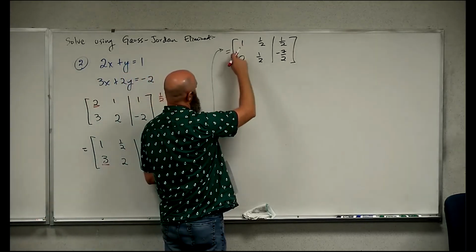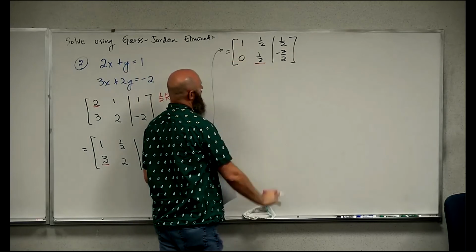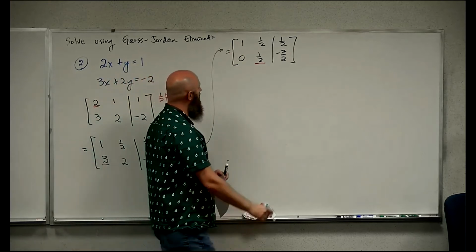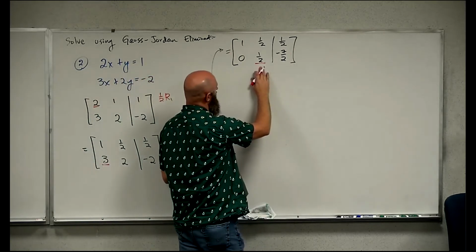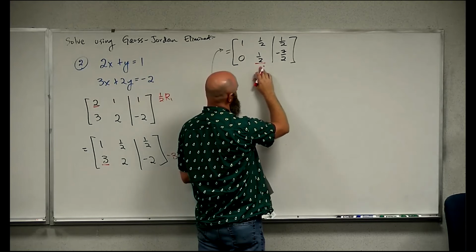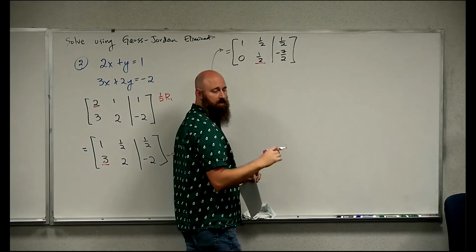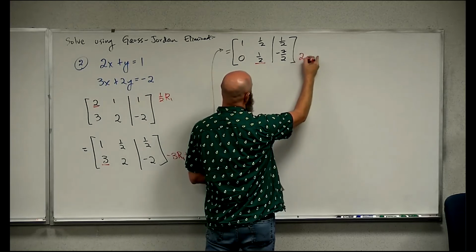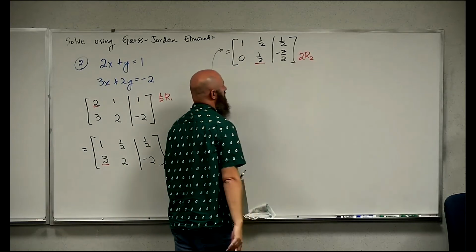All right, we have our 1, we have our 0. So now we need to change the 1/2. To make that a 1, instead of dividing, we want to multiply by 2. So we want to say 2 times row 2.